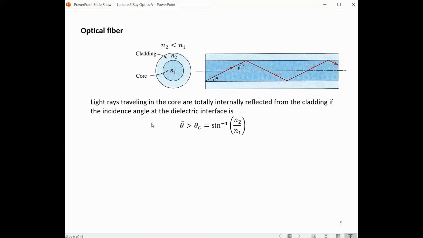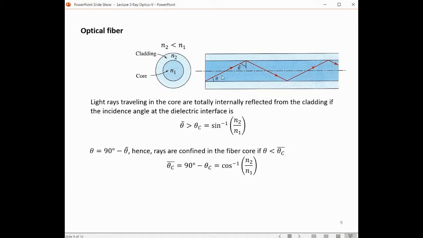Light rays that travel in the core are totally internally reflected from the interface with the cladding, when the incidence angle at the dielectric interface here is larger than the critical angle, which is given by the arc sine of N2 divided by N1.